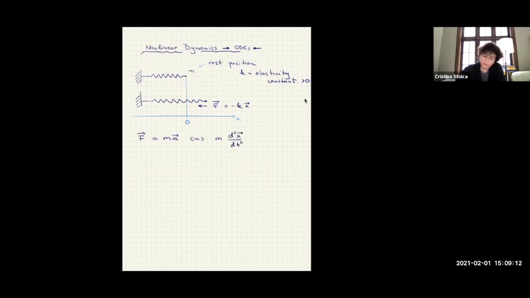I could put it in vector notation, just to give it an orientation, left or right, and then minus Kx is the force.